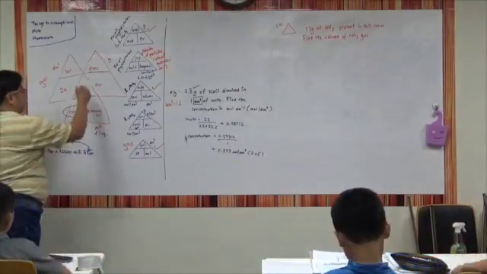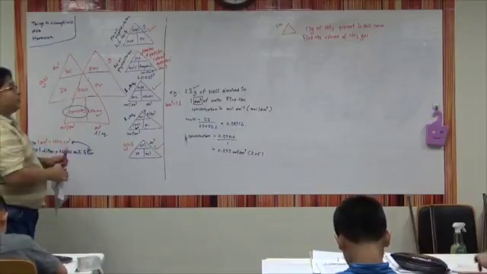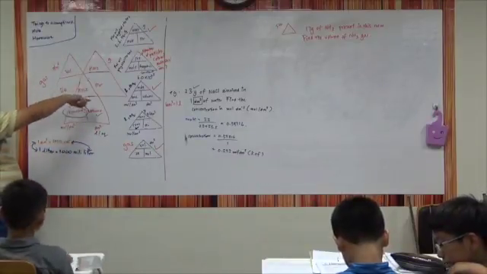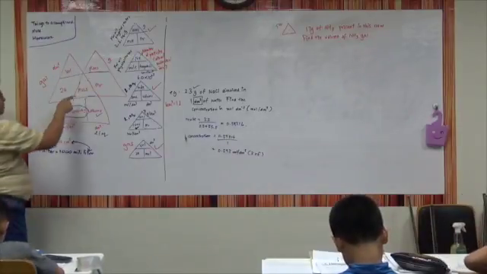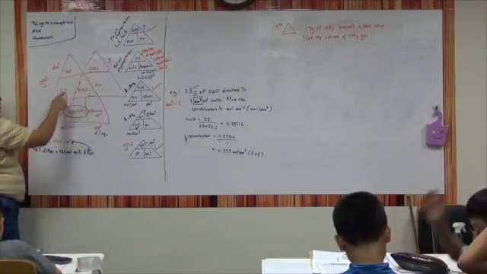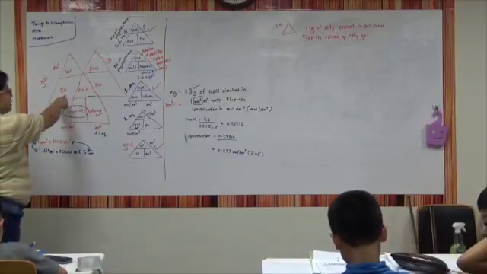If you realize, according to this triangle, it doesn't have mass. The triangle here has mole, it has volume, it has the magic number 24, but it doesn't have mass.